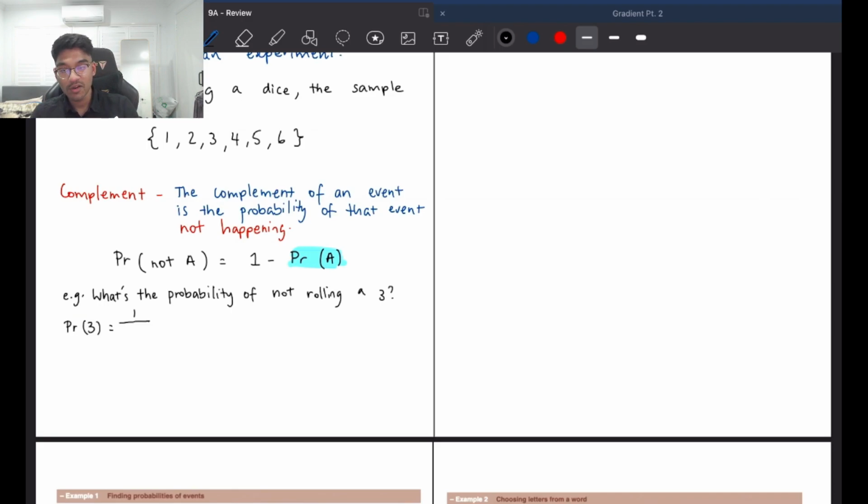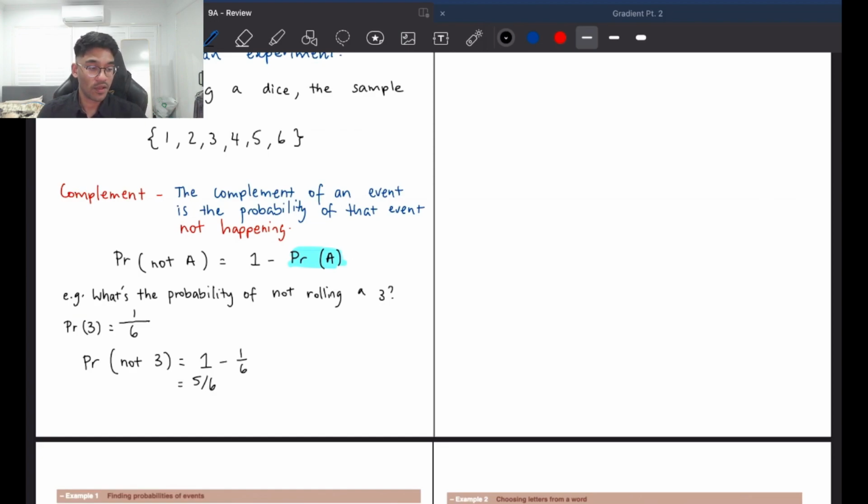So the probability of rolling a 3 is 1/6. Then if we put that into our formula before, the probability of not 3 is equal to 1 minus 1/6. Pop that in your calculator, you get an answer of 5/6. So that's what the complement means.